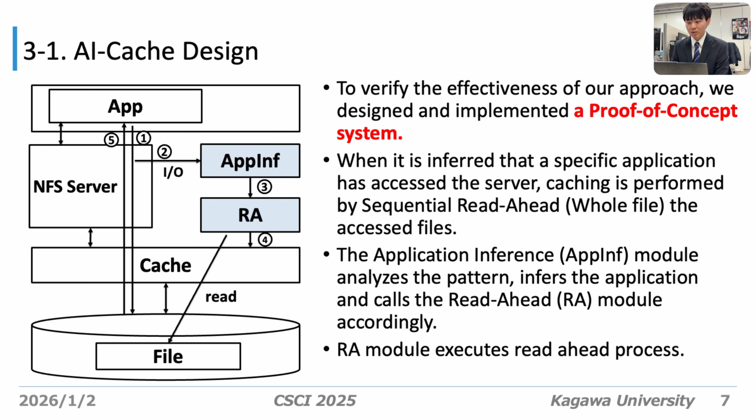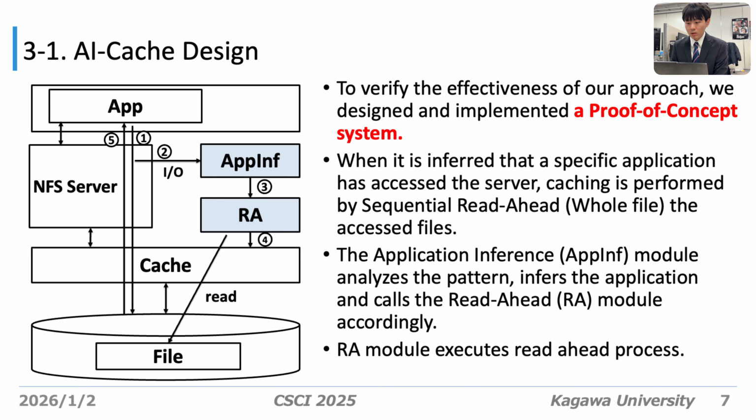The server forwards the I/O pattern to the inference module. Then, the module analyzes the pattern, infers the application, and calls the read-ahead module. Based on the inferred application, the RA module executes the read-ahead process. Finally, the NFS server returns the data. If the data is already cached, the server responds immediately.